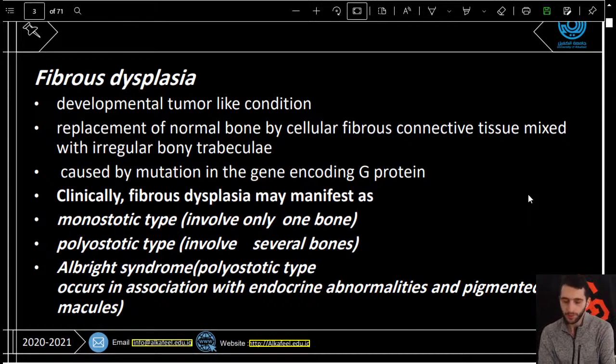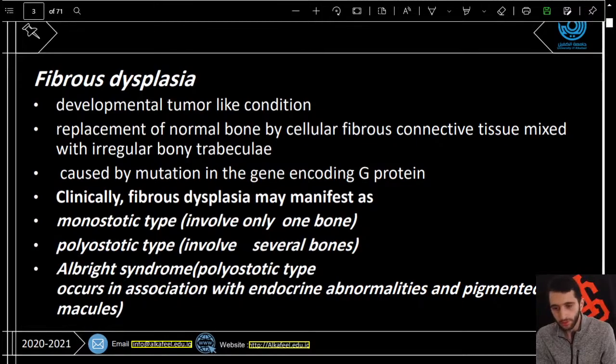When it comes to Albright syndrome, polyostotic dysplasia, we all know that there is a change in color, causing macules, pigmented lesions of the skin, associated with, of course, endocrine abnormalities.